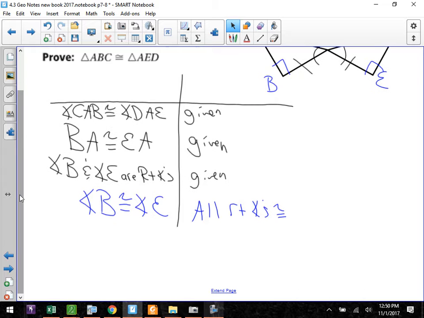Now I want to show you something that's kind of cool. If I'm looking at the information that was given and the reasons that we gave, we have a total of 10 things we had to write out. We have 5 statements and 5 reasons. You okay with that?